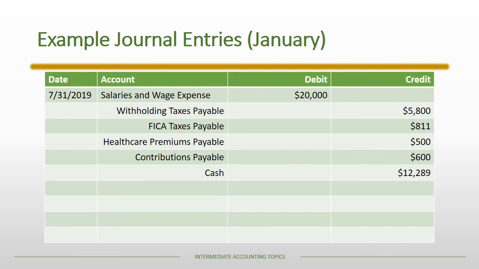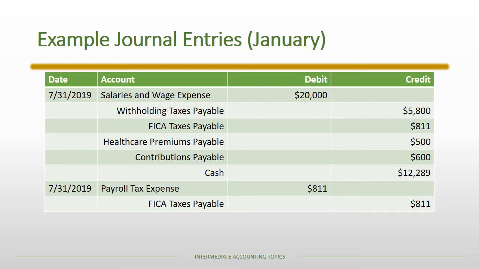So now you can see a slight difference in the take-home pay, the cash payment. The reason for that slight difference is the FICA taxes payable has been reduced to $811 because of the OASDI having reached its limit. And then as far as the employer portion, of course, the only thing that's left there is FICA, and so the payroll tax expense is much smaller because of that difference.